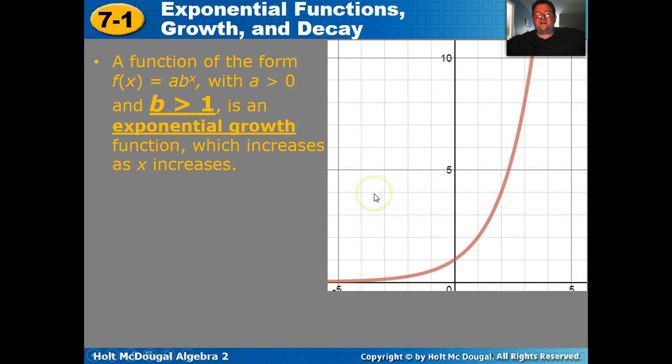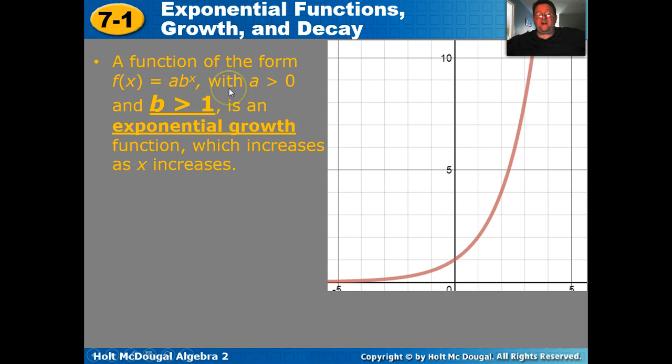Now let's talk about exponential growth and exponential decay. We'll start with growth. First thing you need to know, same basic formula. The f of x equals a, which is just some constant, times b, that's our base, to the x power, that's our variable.